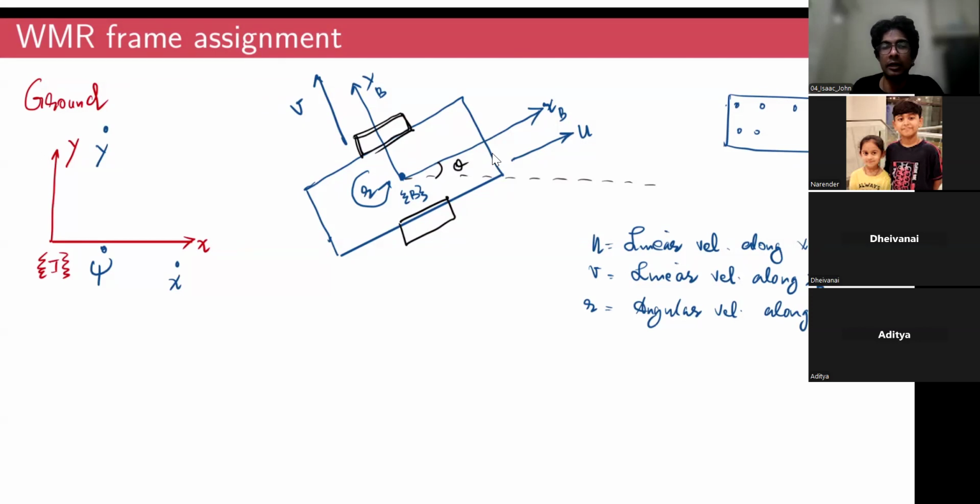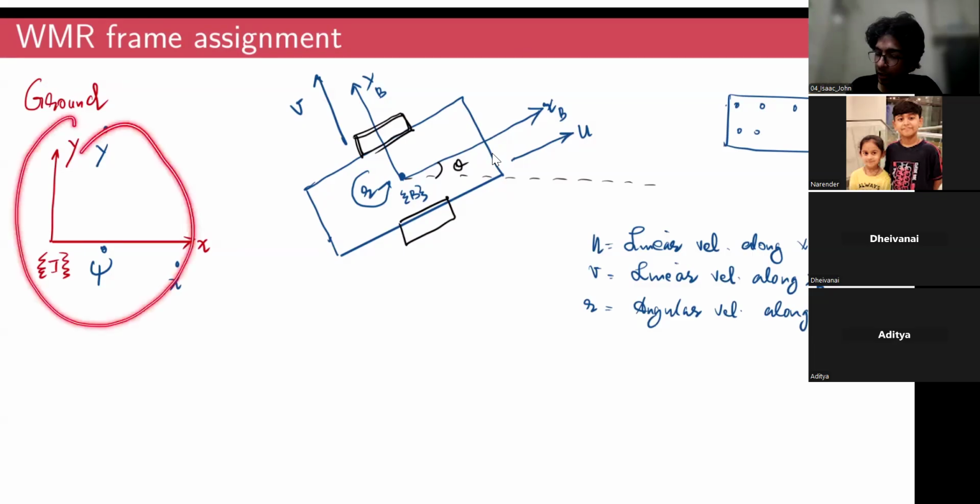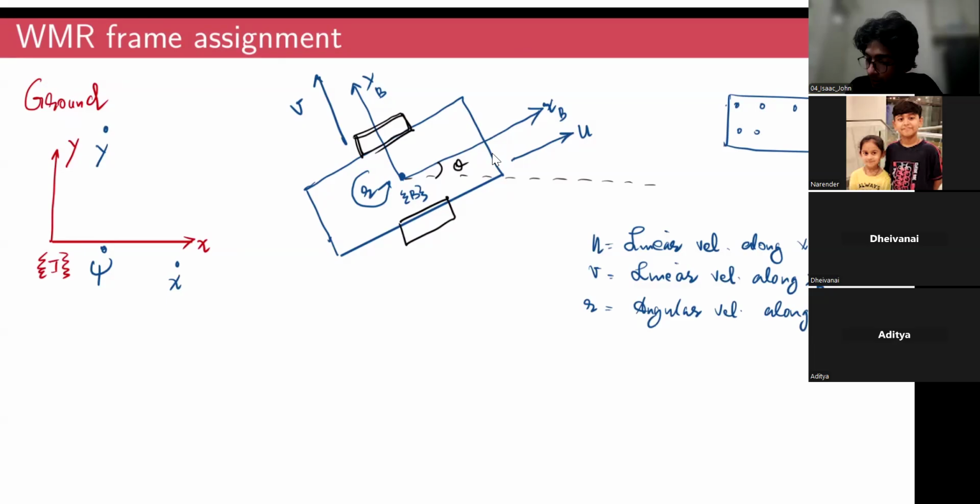This is just to find the mapping between the parameters in one coordinate frame and the other coordinate frame. So this is just a basic, simple thing. What I can do is superimpose these two frames. I'll do that in a minute.